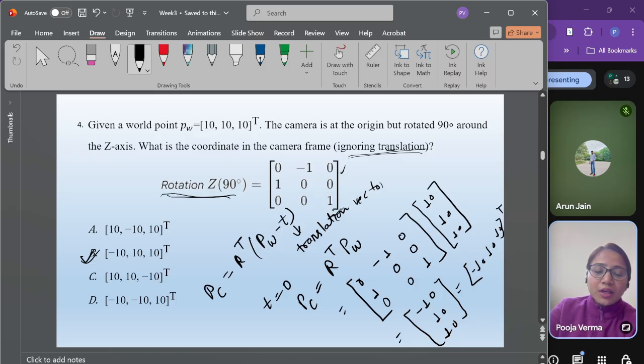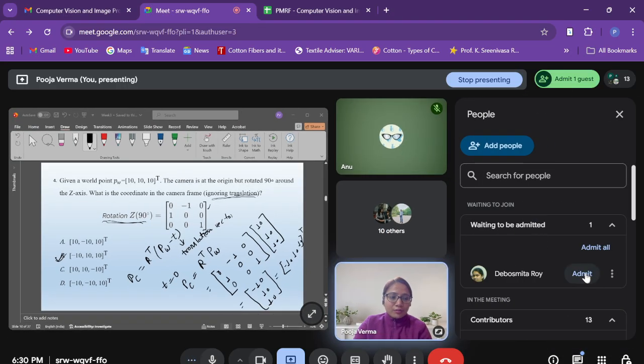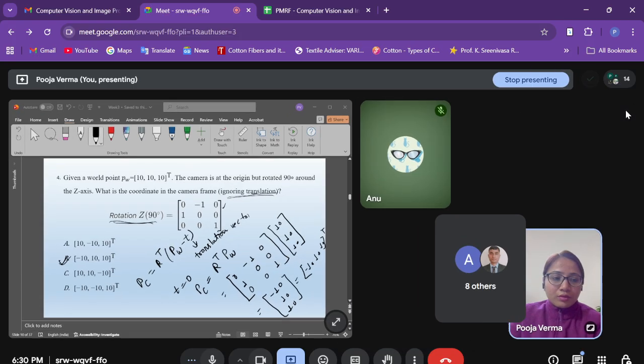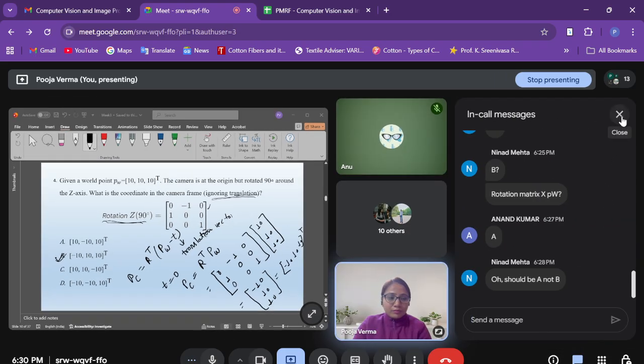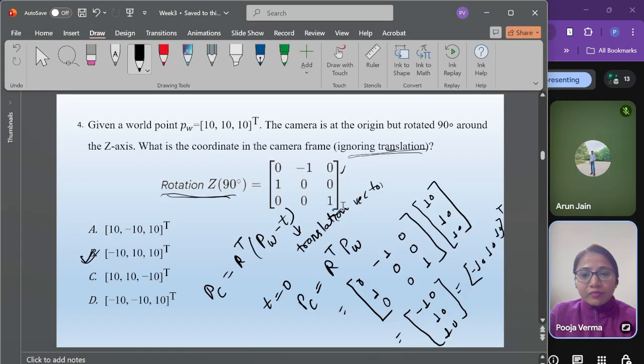Okay, so already in the question, rotated around z by 90 degrees is given. So we don't need to transpose it. Already it is given. So yeah, option B is the correct answer for this question.